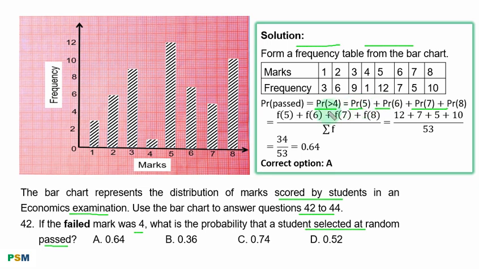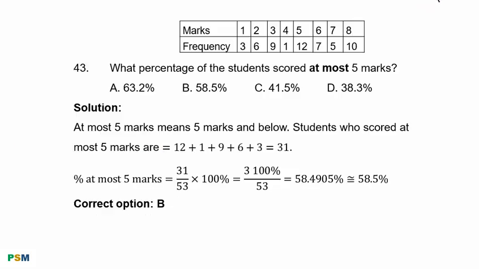Frequency of 5 plus frequency of 6 plus that of 7 and 8 over total frequencies. Those that scored 5, they are 12, plus those that scored 6, 7, 5, 8, 10, over total frequency, that is 53. You have 34 over 53, which is equal to 0.64. The correct option is A.